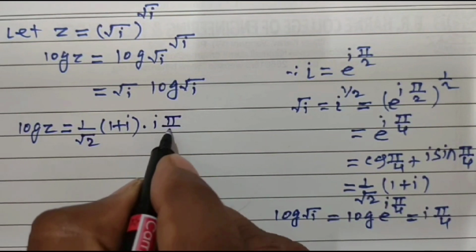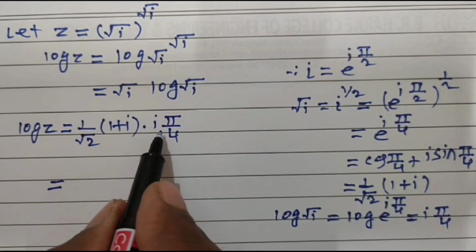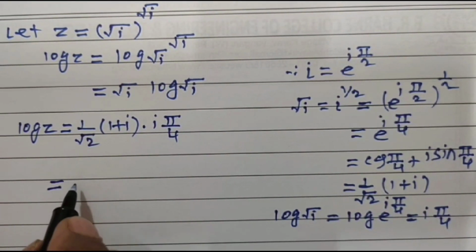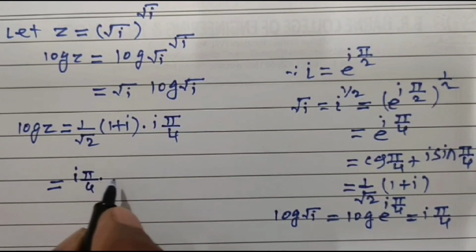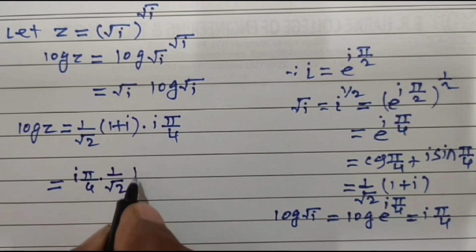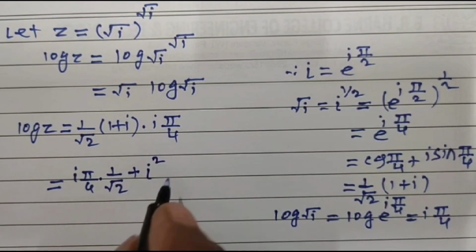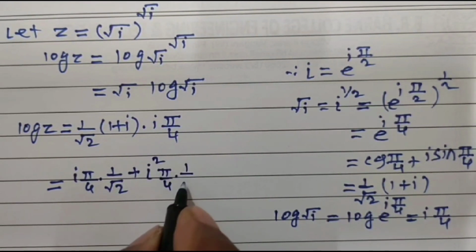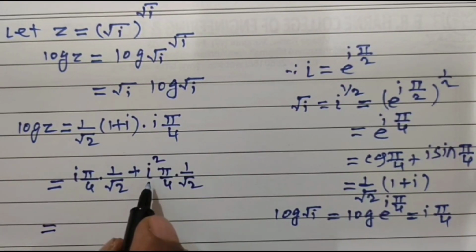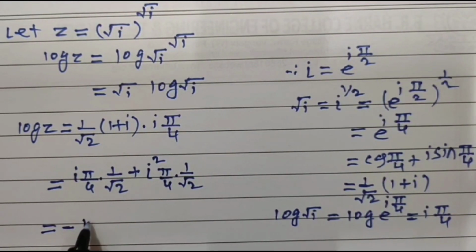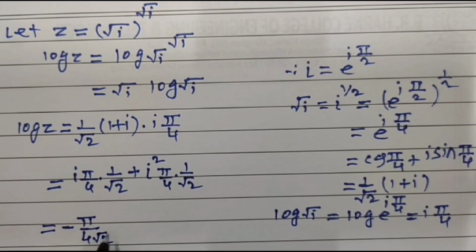So this is equal to i pi by 4 into 1 upon root 2, plus i into i square pi by 4 into 1 upon root 2. i square is minus 1. So minus pi divided by 4 root 2 plus i into pi divided by 4 root 2. So log z is this one.